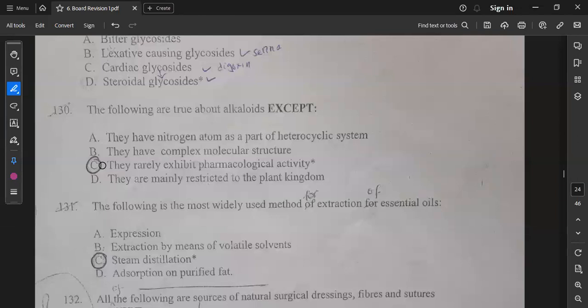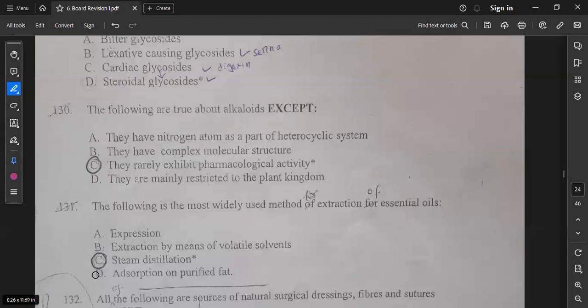The following is the most widely used method of extraction of essential oils. We've done this. Extraction by means of volatile solvents, steam distillation, adsorption, or purified fat. Definitely steam distillation.